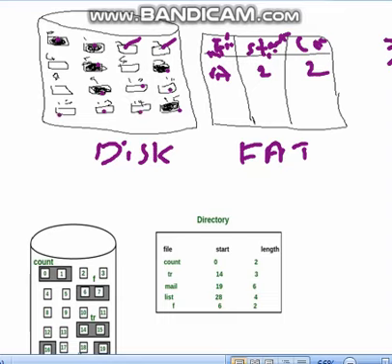So here the file name is B, and its length is 5. Like this we can represent the files in a file allocation table.